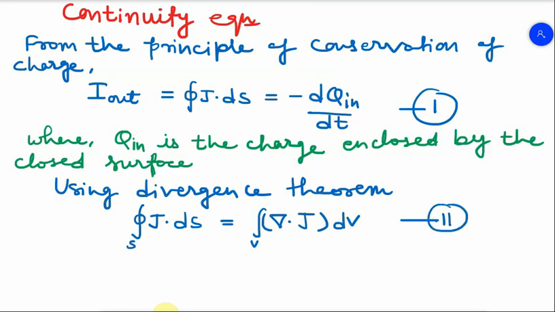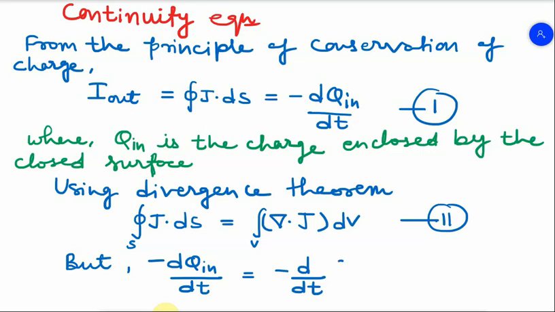But what is minus dq_in upon dt? It is minus d by dt of q_in, and in place of q_in we can write the total charge in terms of the volume charge density, rho_v dv.